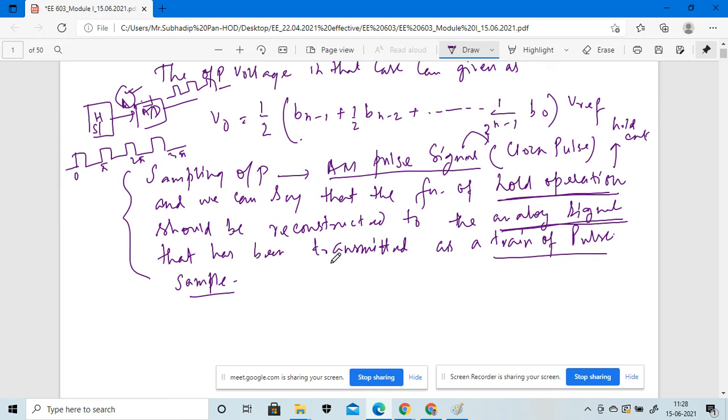So to fill up these spaces between the sampling period, which we consider as capital T, we reconstruct the original analog input signal again in the sample and hold circuit, because the circuit should have a feedback loop.